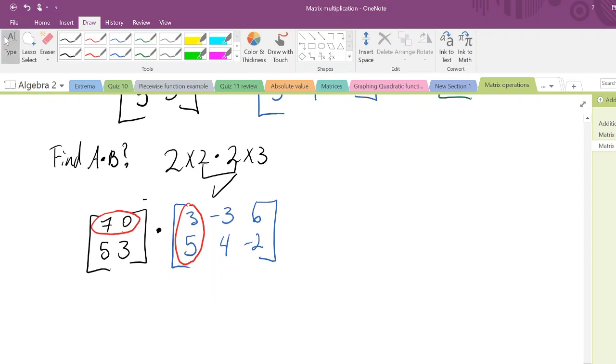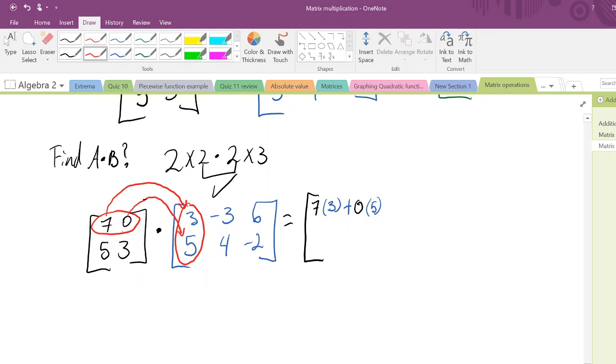So this is equal to 7 times 3 plus 0 times 5. I went this one with this one plus this one with this one.